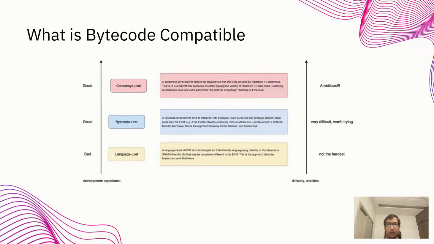And the bottom tier is the language level, which from a dev standpoint is not the best, but it's also the easiest to build. So basically, what each of these levels signify is how seamless the transition is for a developer to move from an EVM chain onto a zkEVM chain. So the higher up you are, the more seamless the transition is. The lower down you are, the more challenges there are in your transition, at least in theory.